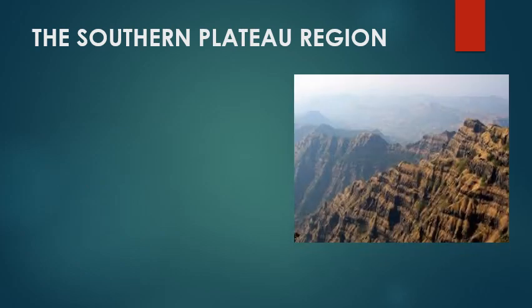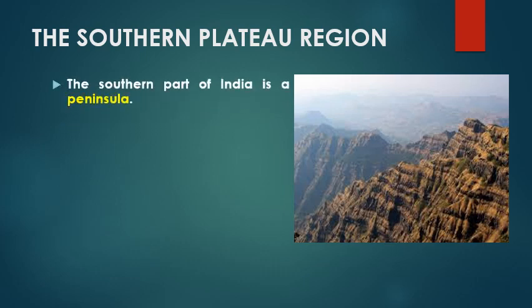Now the next is the southern plateau region. This is the picture of the plateau region. The southern part of India is a peninsula. So if you picture the map that I had shown you earlier, the southern part or the bottom part of India, it is called peninsula.